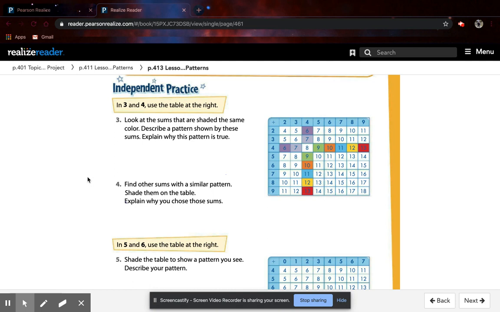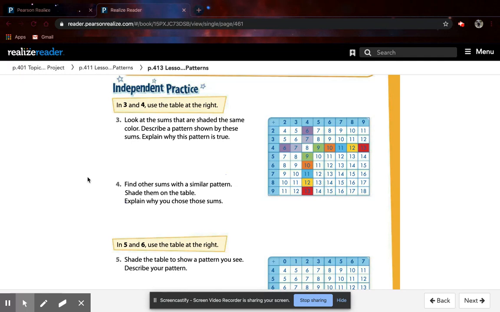Because the numbers I'm adding to get those sums are the same. For the 2 dark purple 6 boxes, I add a 4 and a 2 for both of them. The add-ins, the numbers I'm using to add, are not changing. And also the pattern can show the commutative property, because it doesn't matter what order I add them in, whether I add the 2 plus the 4 first or the 4 plus the 2. Either is fine.